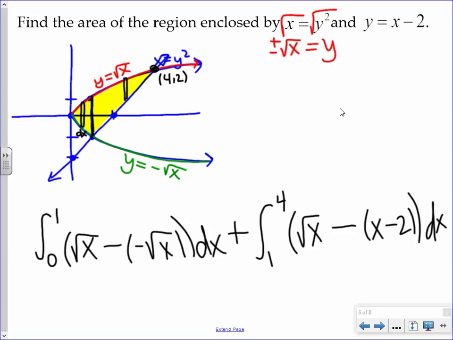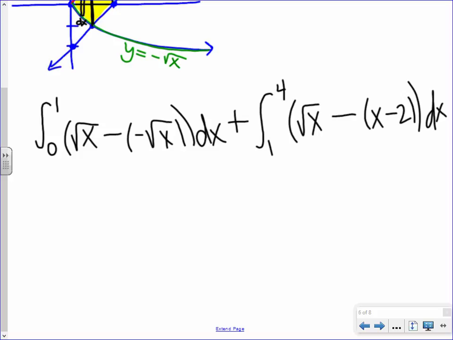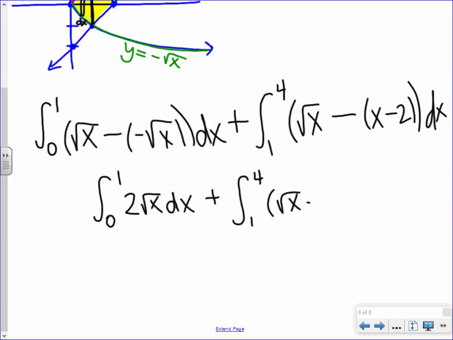Okay? Now, if we were going to do this by hand, I would suggest rewriting this as 2 radical x dx for this integral. And then I would suggest multiplying that subtraction through the x minus 2. Okay? But I'm going to go ahead and let you use your calculator to find this area since it's 2 integrals.